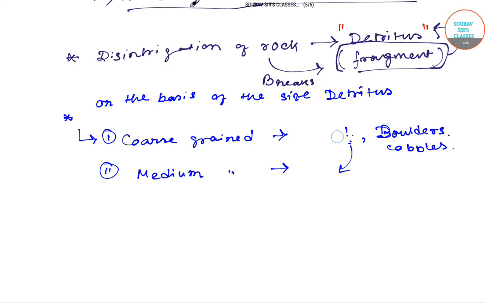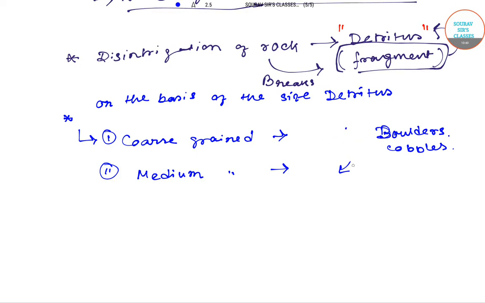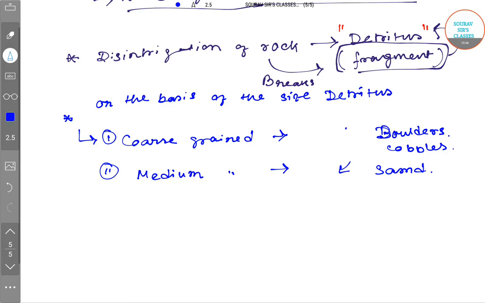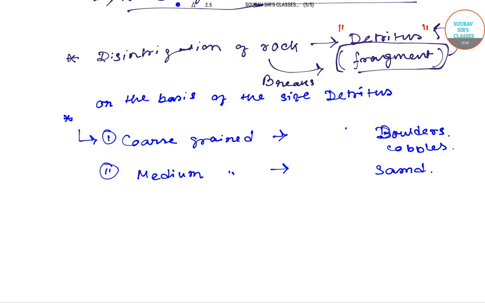Sand is, I think, appropriate for the medium grain. So I'm just writing sand here. So this is the example of coarse grained, and this sand is an example of medium grained.